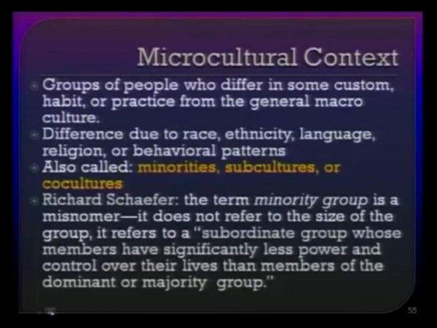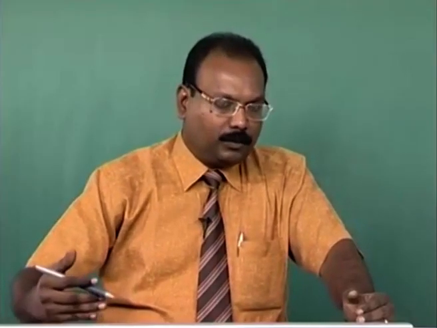Now, the difference can be due to race. So, for instance, if you look at the United States of America, and if you consider the Americans as the descendants from Europe, the subgroup will be the Afro-Americans in terms of race.